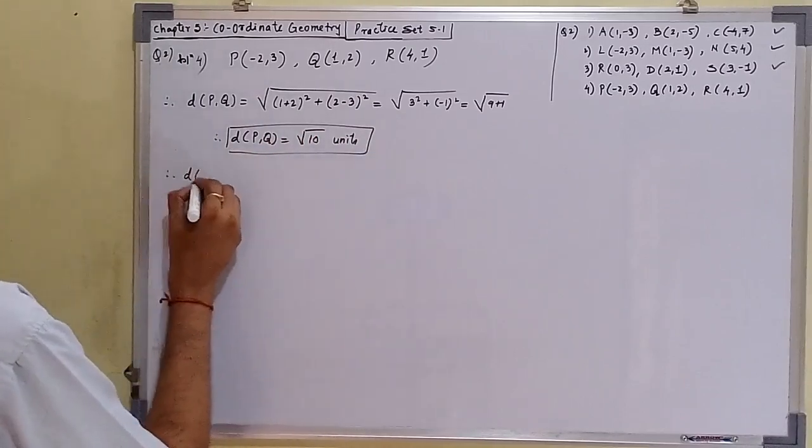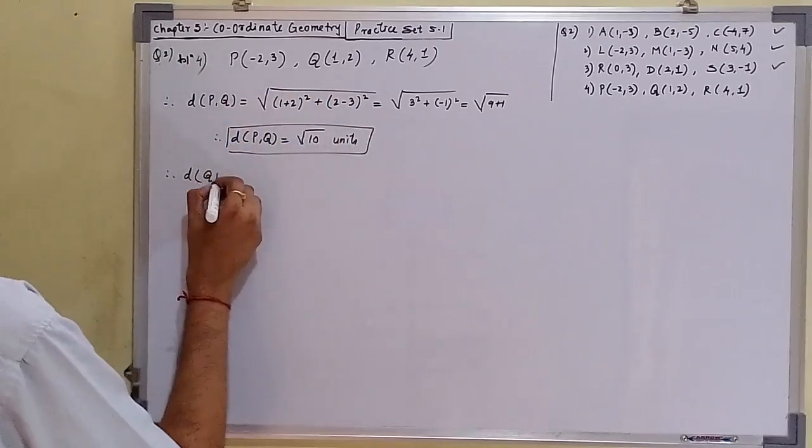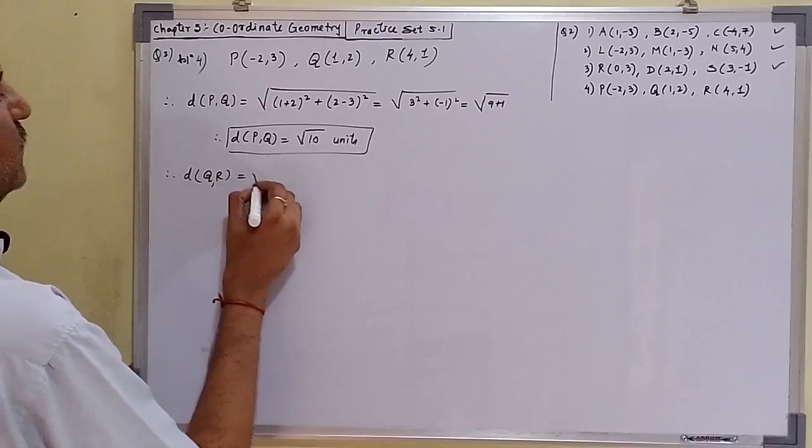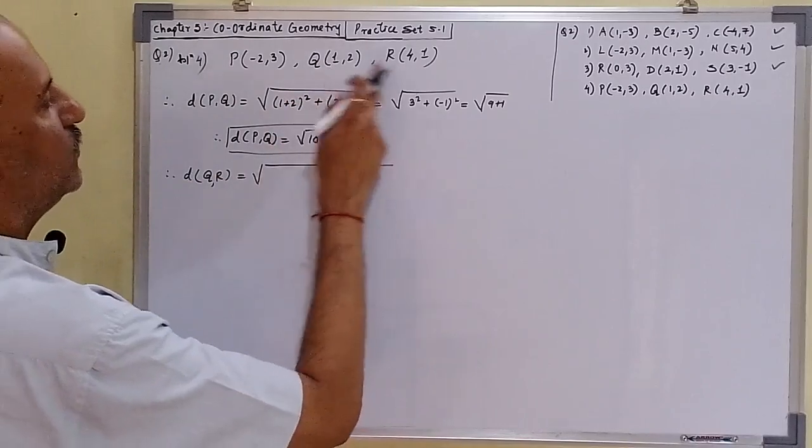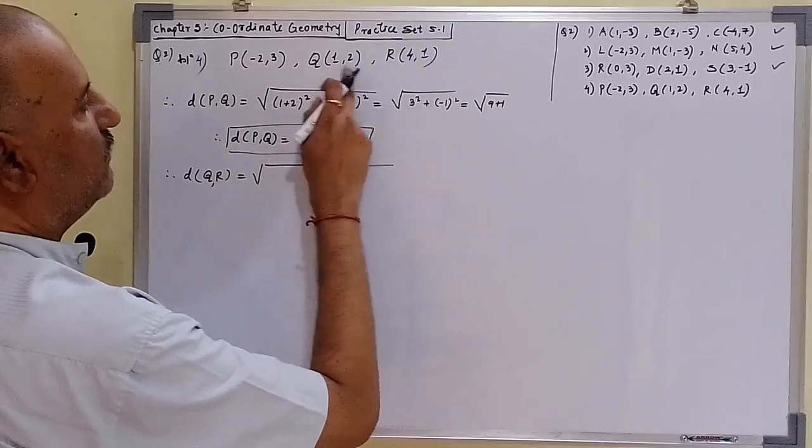Therefore now आप बताएं distance RQ, QR. Distance QR equal to, x2 और ये x1. So x1 y1, x2 y2.